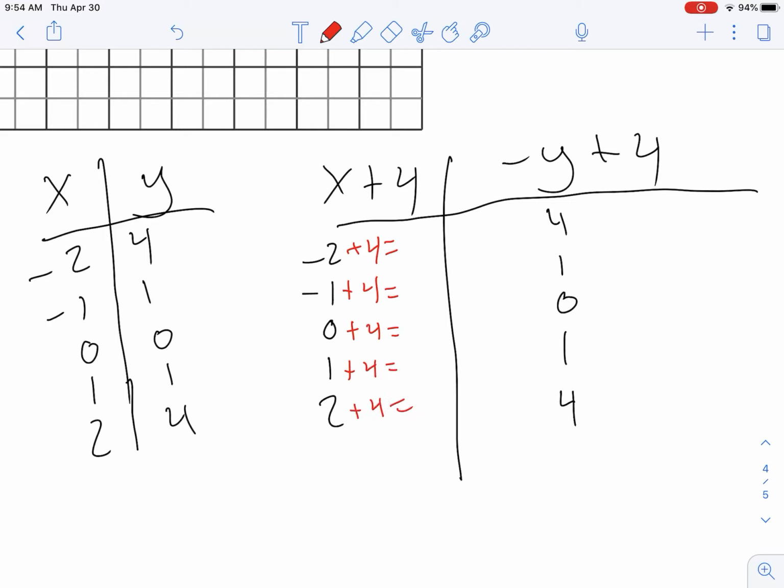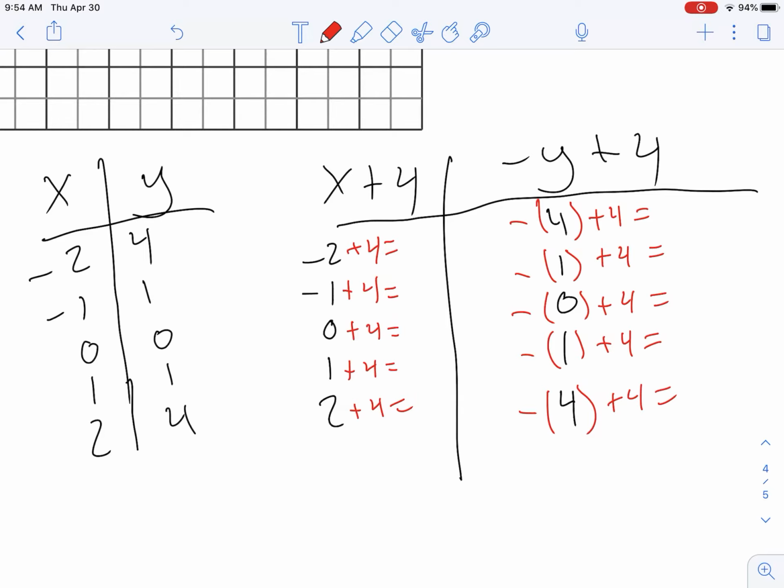In this one, I'm taking the opposite. That's what a negative means. The opposite. And then I'm adding 4. And then we calculate it, we do the math.